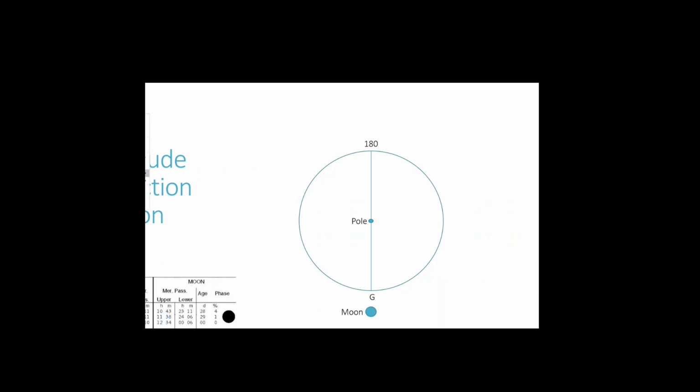Now next day, when the moon comes on our meridian, let me show you here. The moon completes one circle around the earth and comes here on the next day. Next day when the moon comes here, what will be the time, beta? 51 minutes, sir, late. 10:43 plus 51 minutes. Right.